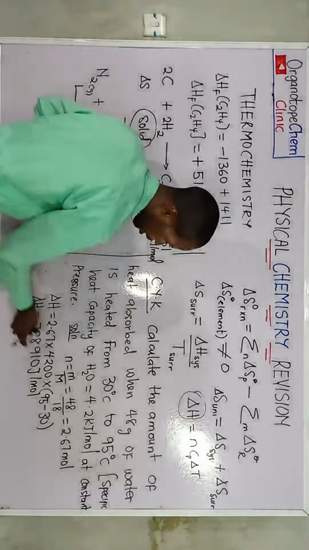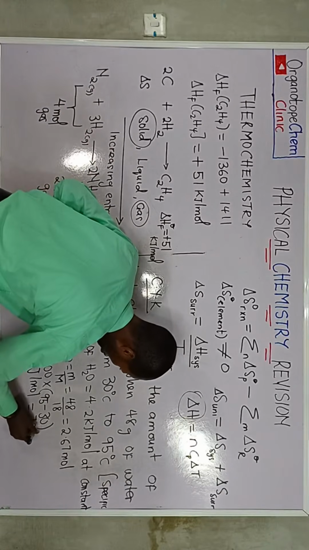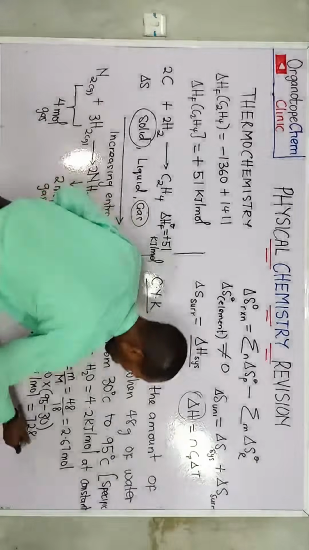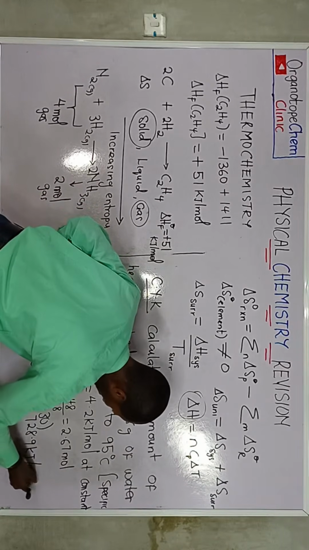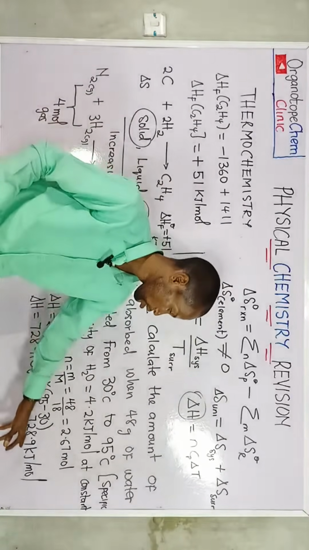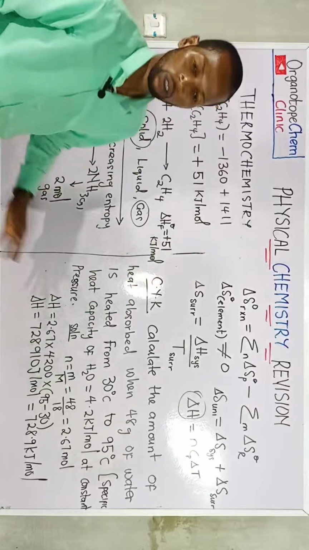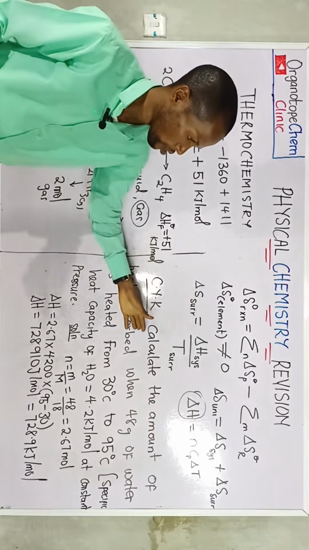So when we divide by 1000, we are going to have 728.9 kilojoule per mole. So we can have our final answer in kilojoule per mole now. 728.9 kilojoule per mole. So that's the final answer for the enthalpy.